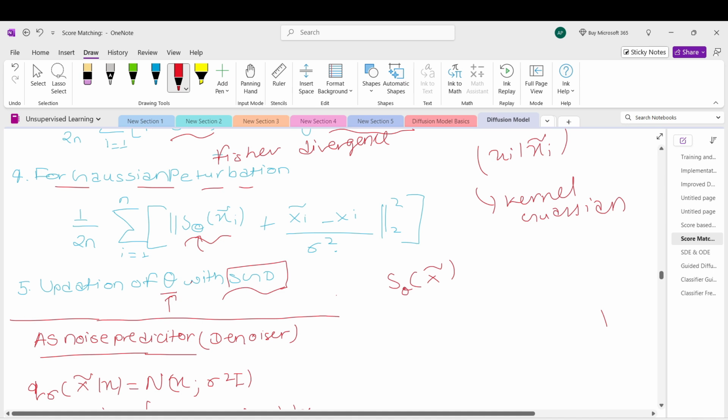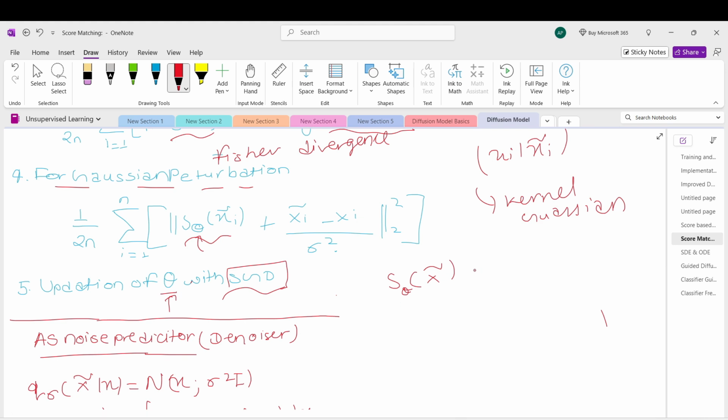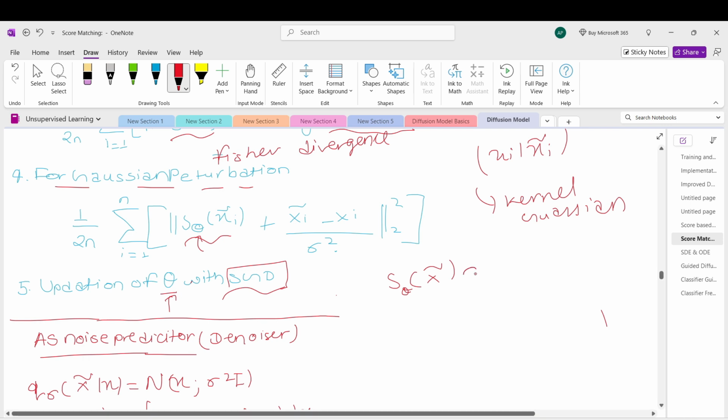If you train well, we will approximate this quantity very accurately. And what is this quantity? This is not the score of p of x. This is the score of q sigma of x tilde.